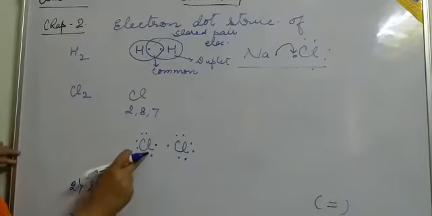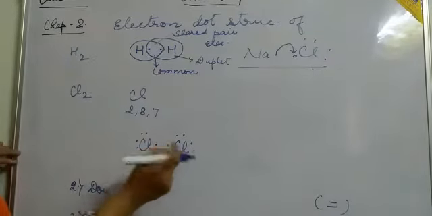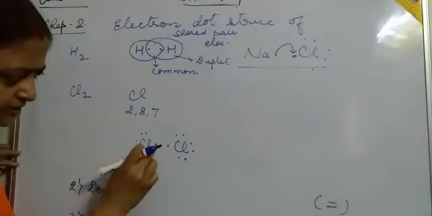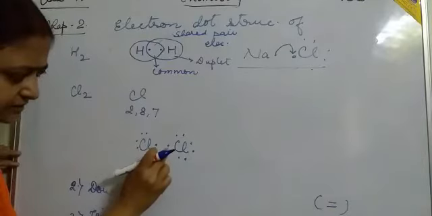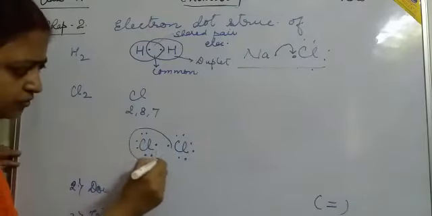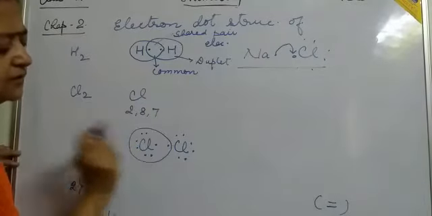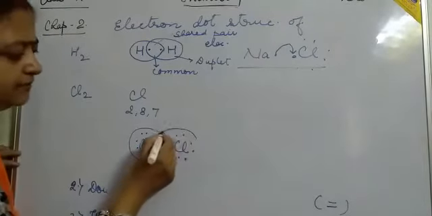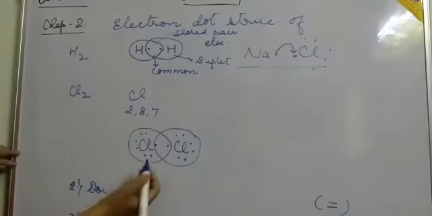So this chlorine shares its electron with the other chlorine. How does it share? There is a common place: 1 electron of this chlorine, another electron of that chlorine. Now this chlorine has 7 plus 1, 8 electrons. This chlorine also has 8 electrons.